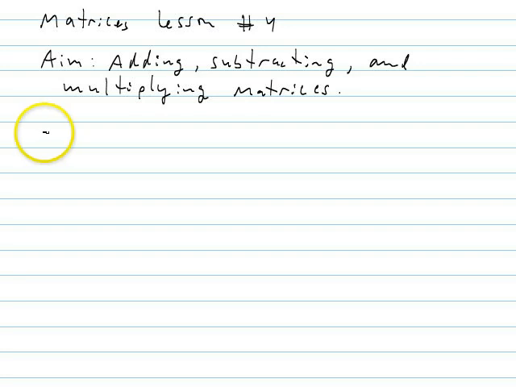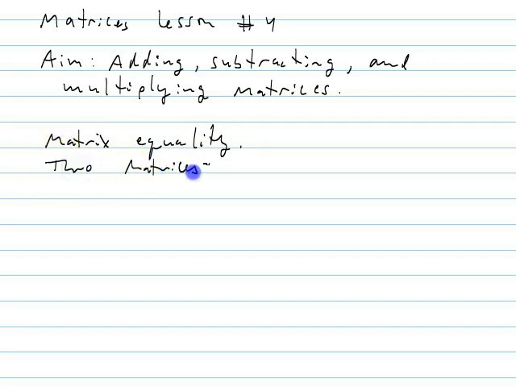So the first thing I just want to mention is matrix equality. Two matrices are equal if they have the same dimensions. So they have to have exactly the same number of rows and columns.